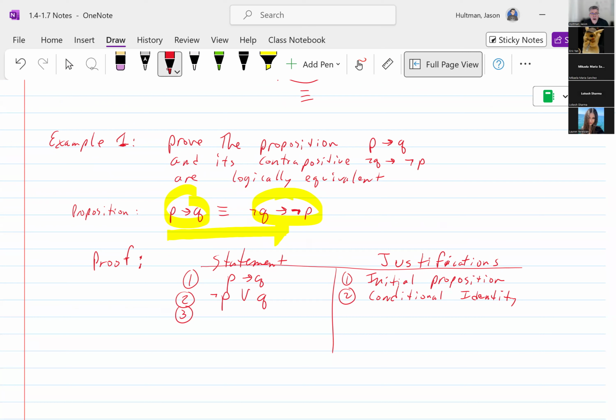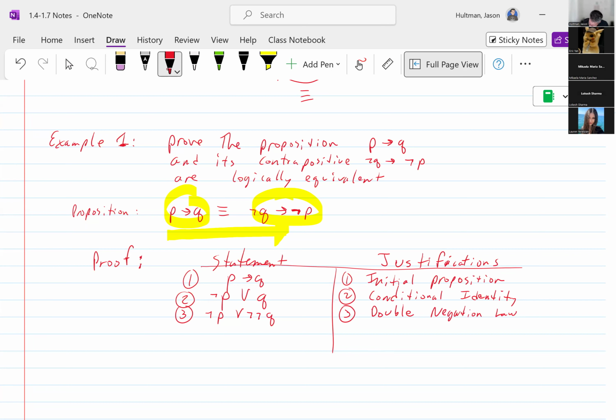Well, I could not the Q. So I'm going to go not P or not not Q. And what law did I use there? Double negation. Yeah, thank you, Lukesh. It's double negation law.